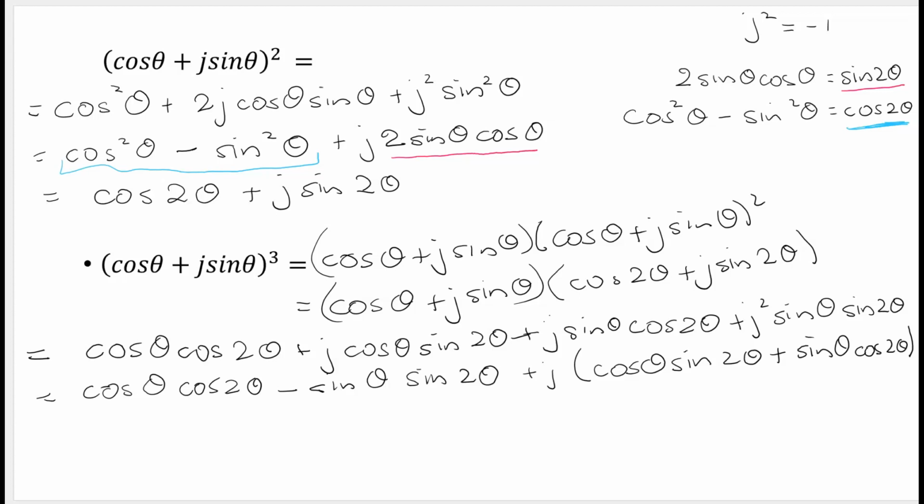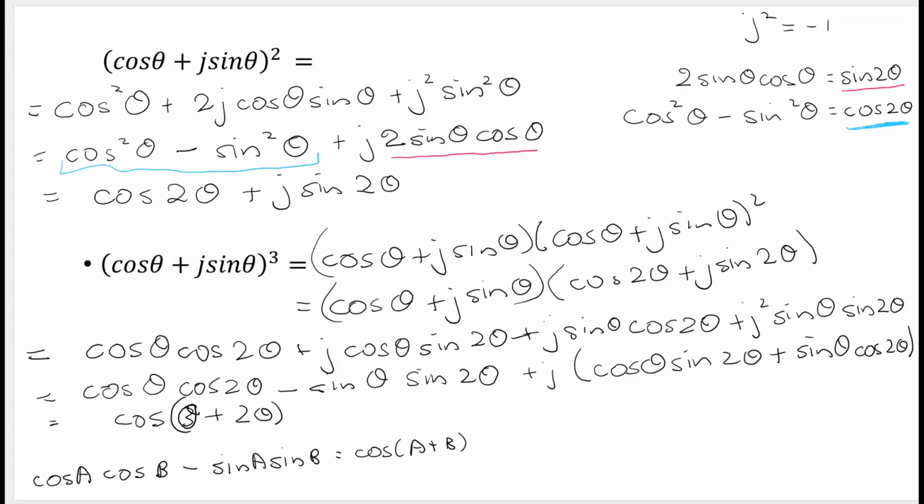So just a little note down here that cos A cos B minus sine A sine B is equal to cos A plus B. If we replace A by theta and B by 2 theta, the first two terms we can combine to write cos of theta plus 2 theta, which is cos 3 theta.